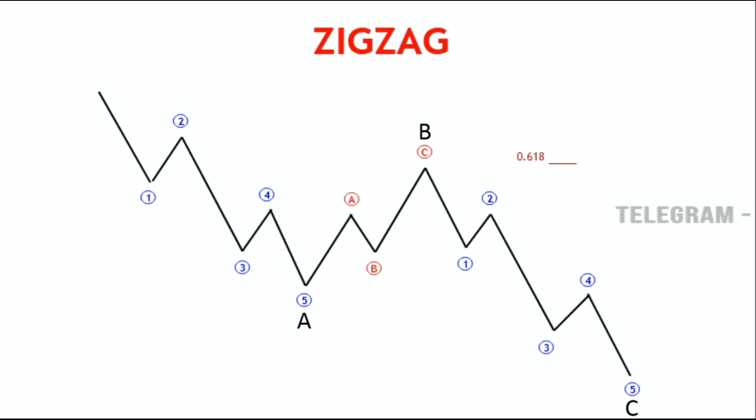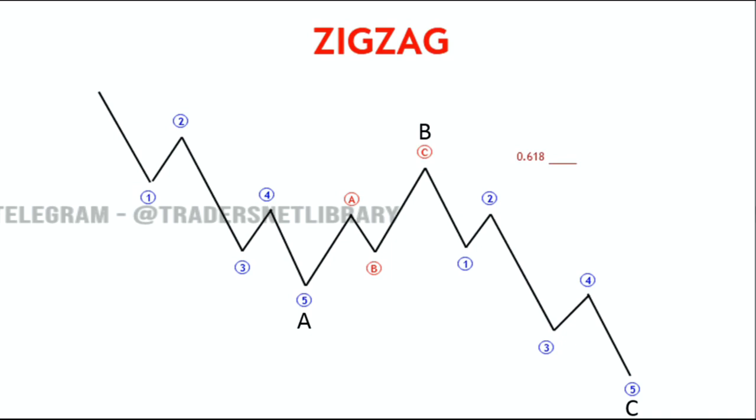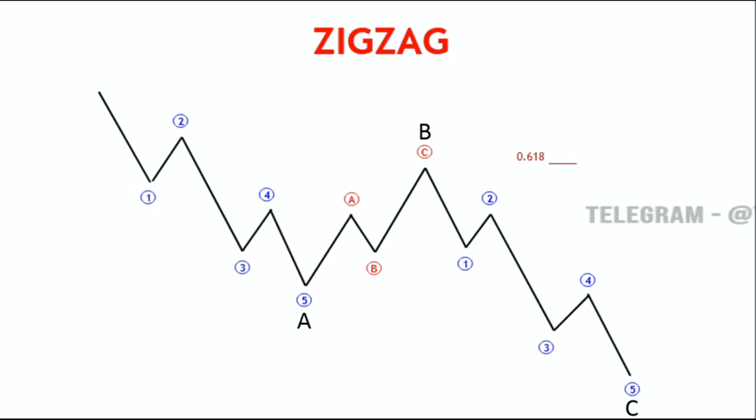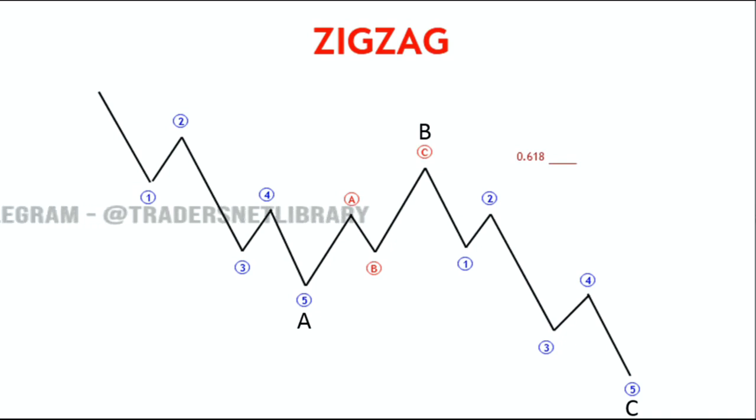Otherwise, most likely we are dealing with the flat pattern. But based on observations and experiences obtained from currency charts, stocks, etc., wave B can correct more than 61.8% of wave A and can also be a zigzag pattern with a structure of 5-3-5.